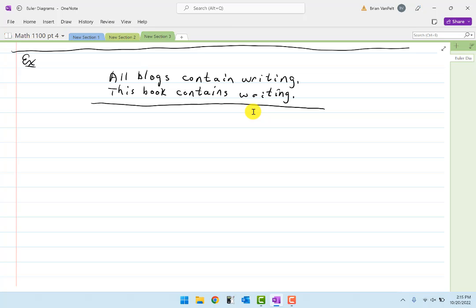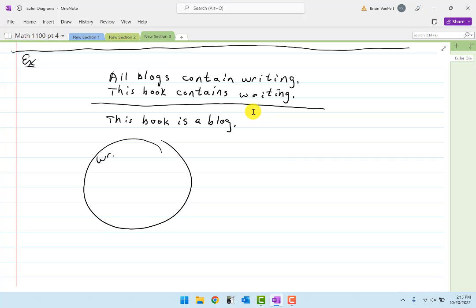Therefore, this book is a blog. Well, let's go ahead and take a look. All blogs contain writing. So we're going to have the circle of writing, the blogs are inside of it. This book contains writing. So let X equal this book.